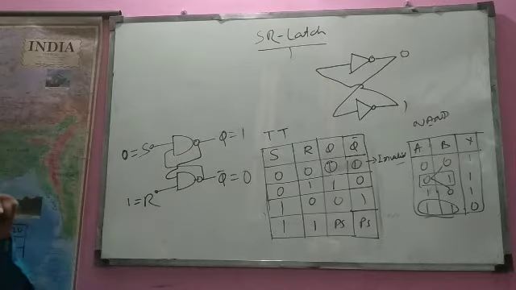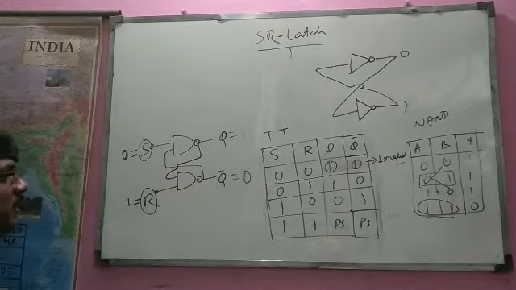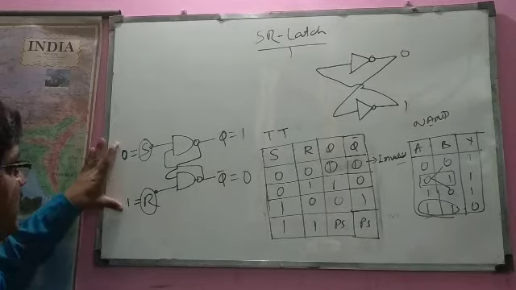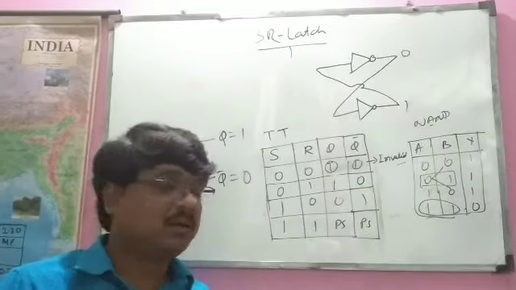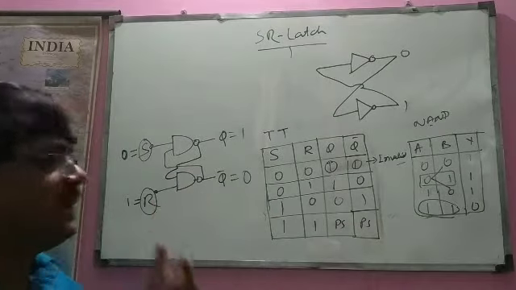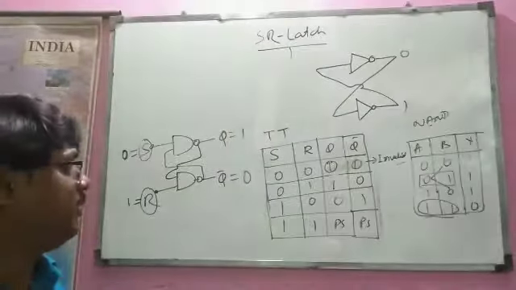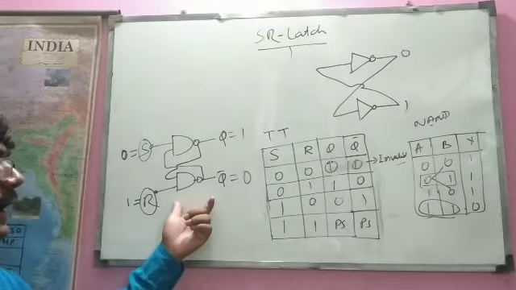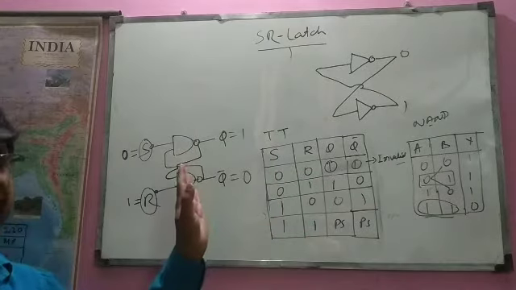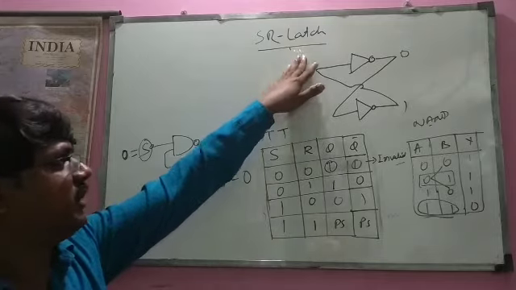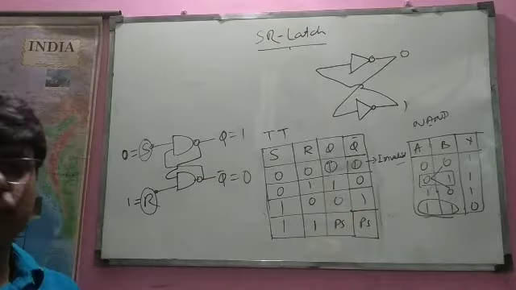This is the reason why S stands for set and R stands for reset. But this set and reset condition will be true when we see the flip-flop. Okay, so in these latches it is not always true, because if we are constructing the latch using NAND, its truth table will be different, and when we are constructing the same SR latch using NOR gate, its output or truth table will be different.